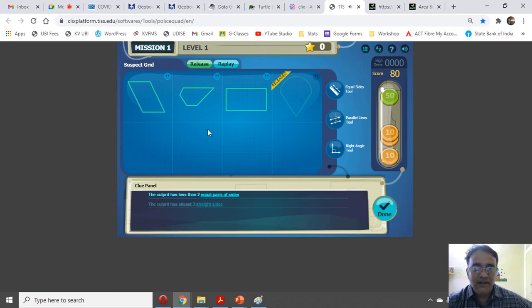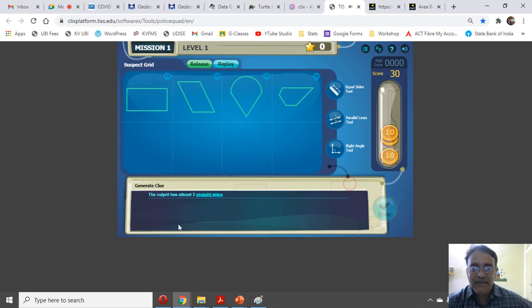Second one, sir. So we will release third. Correct or wrong? Token lost. Why is this wrong? Sir, because that is a rectangle, it has 2 pairs of equal sides. Yes, it is a rectangle.